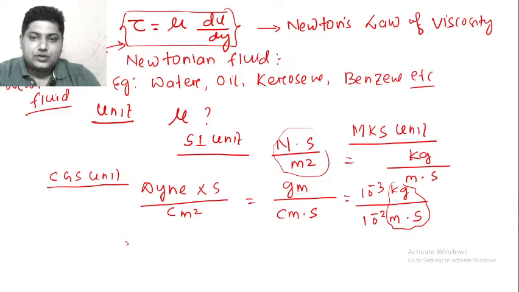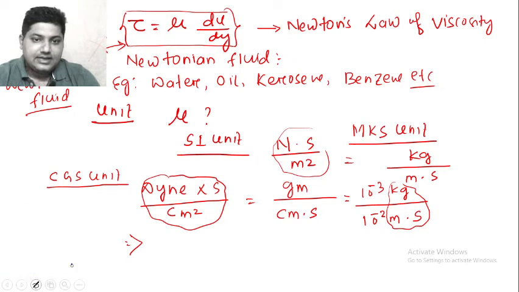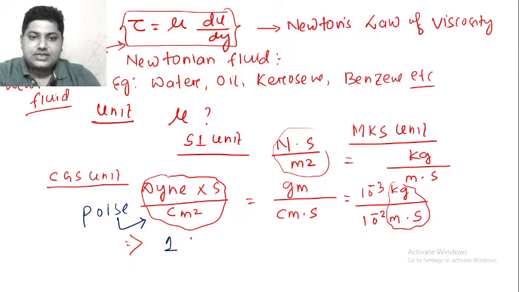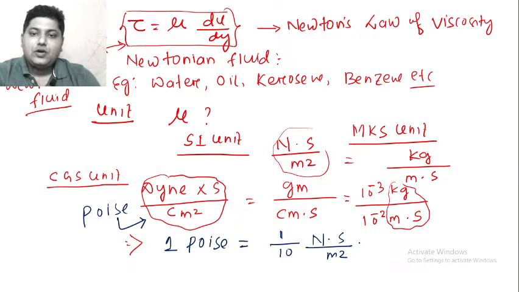And this dyne second per centimeter square is called poise. So 1 poise will be equal to 1 by 10 Newton second per meter square, or 1 poise will be equal to 0.1 Pascal second.